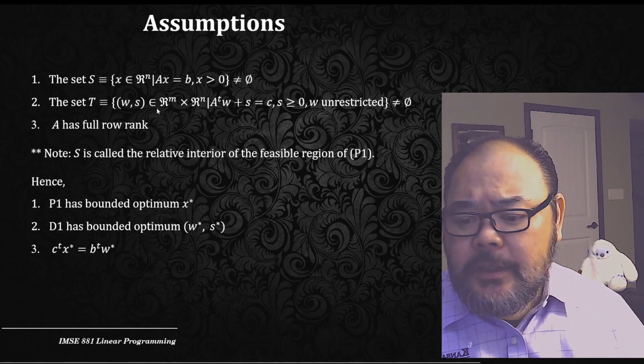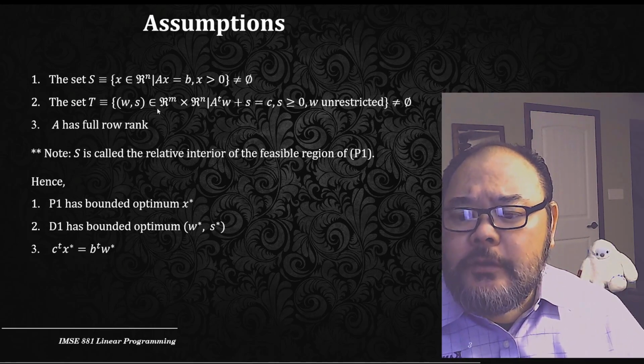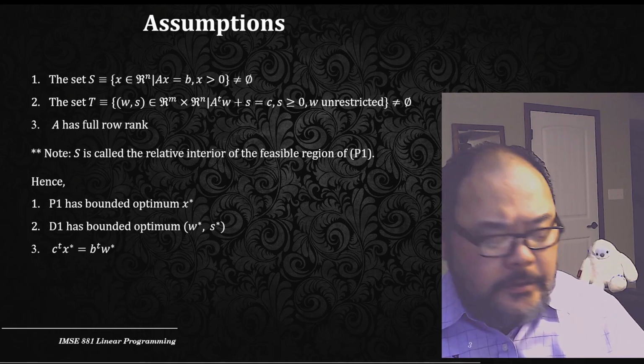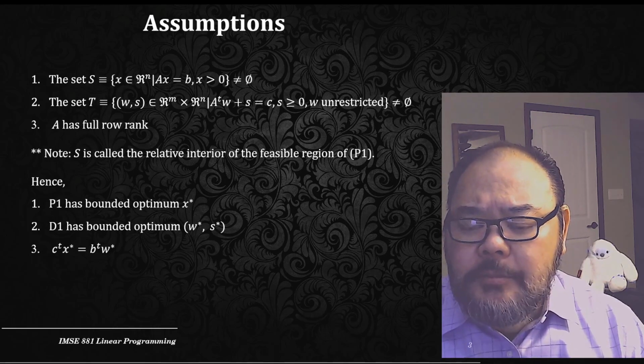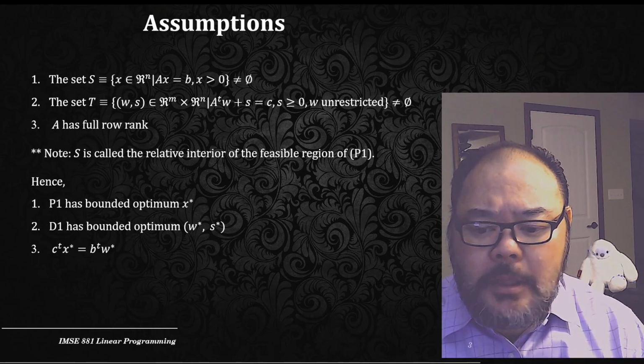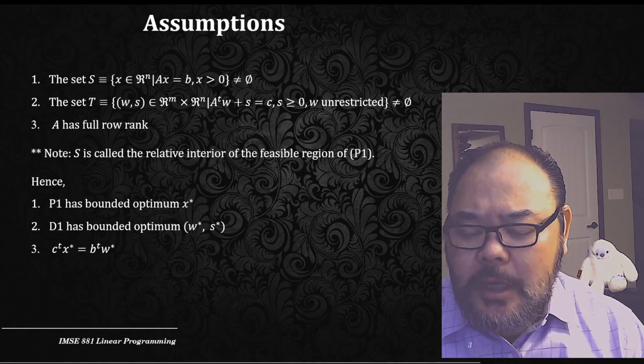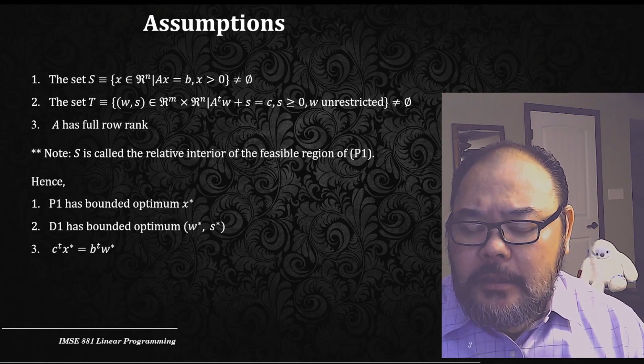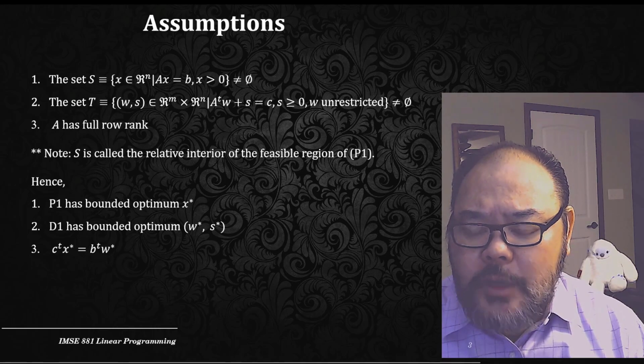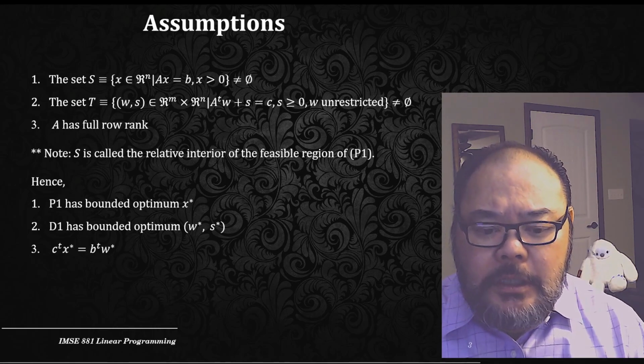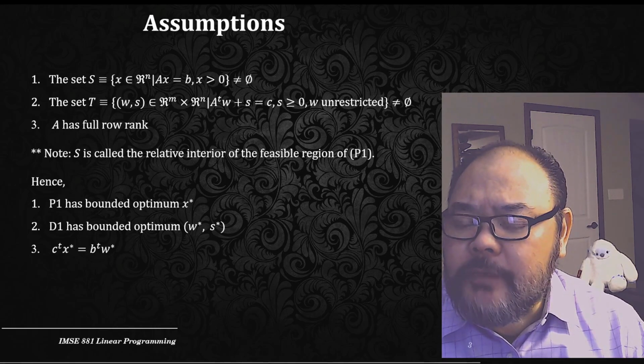So this is a basic assumption: there is a bounded optimal solution for both the primal and dual problem formulations, and at the optimal the primal objective function value equals the dual objective function value.